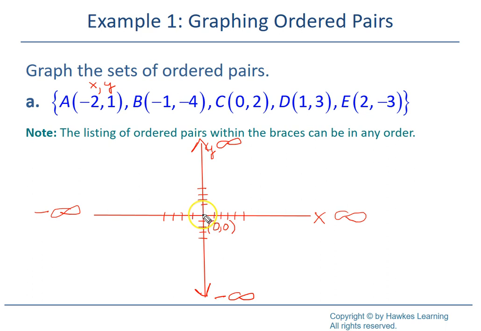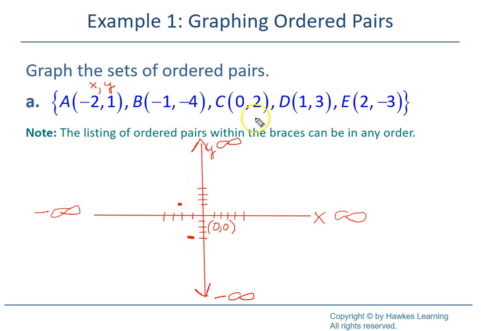You start at the origin and you do the x value first, which is going to be a -2. So you go to the left 2, and then the y value is a +1, so you go up 1 and you leave a dot there. And this is a -1, -4, so -1, and then down -4 is there.